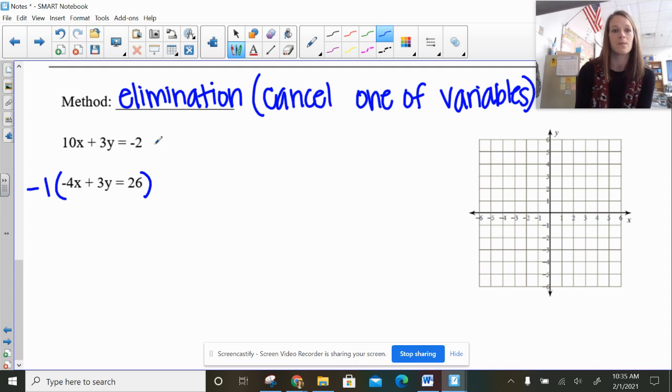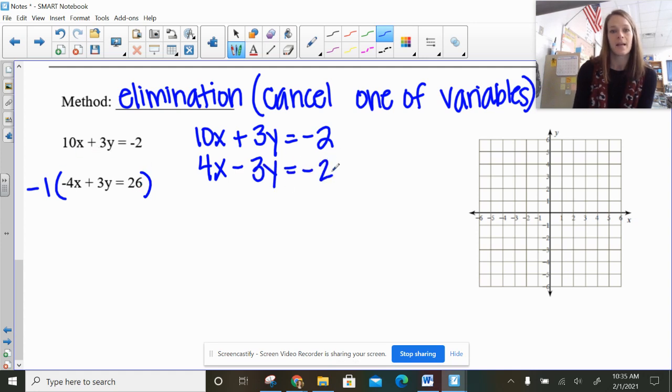Okay, and we'll keep this one the same. 10x plus 3y equals -2. Now, -1 times -4x is +4x. -1 times 3y is -3y. And -1 times 26 is -26.